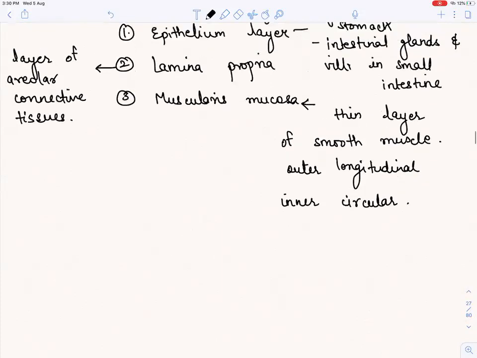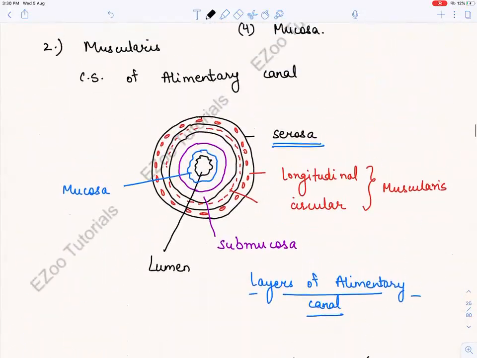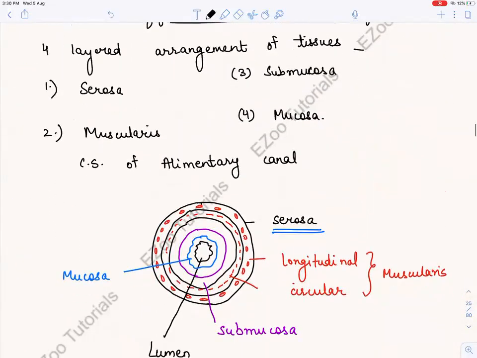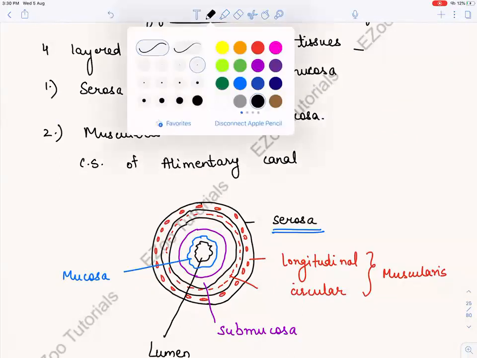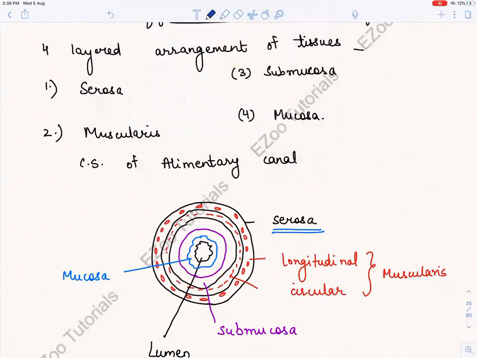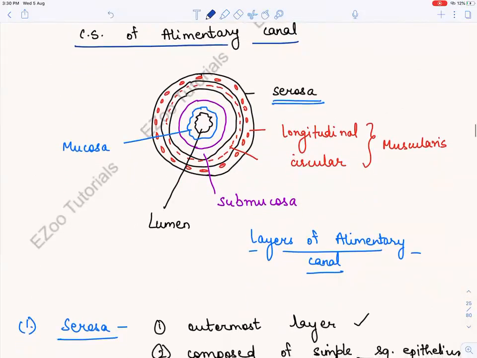So this is the histology of the alimentary canal, in which we studied a very basic structure. Let us see what we studied. We studied serosa, muscularis, submucosa, and mucosa. Then we saw a cross section of the alimentary canal. Then we drew this diagram where we showed serosa, muscularis, submucosa, and mucosa with the lumen in between.